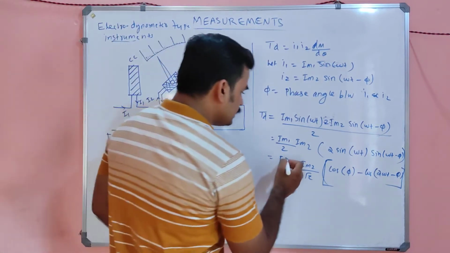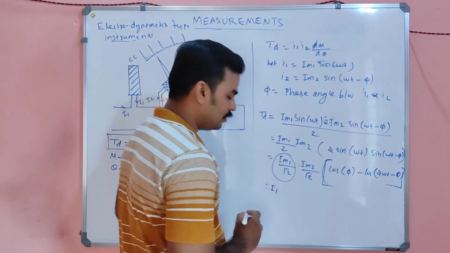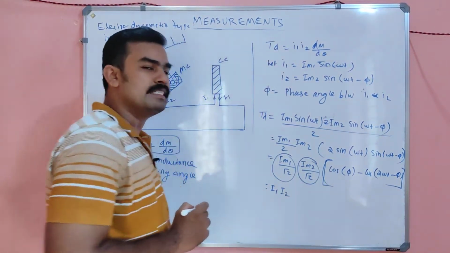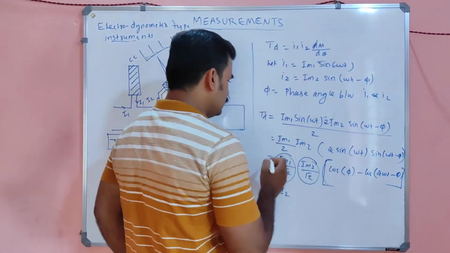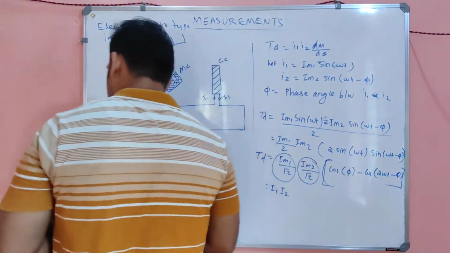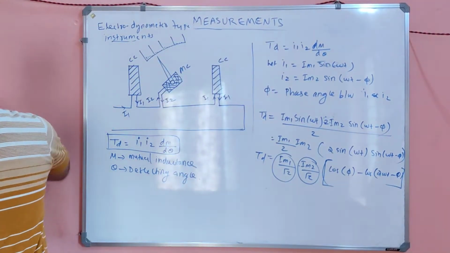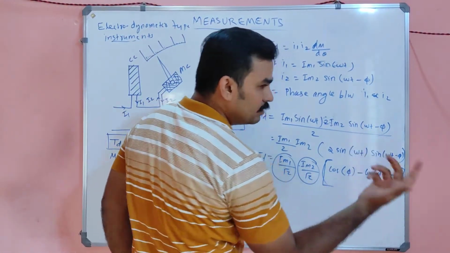So Im1 by root 2 is nothing but the RMS value, let it be capital I1. Im2 by root 2 is again the RMS value, which is I2. I will explain in one more extra step because you have a better idea. This deflecting torque contains t terms, my dear.